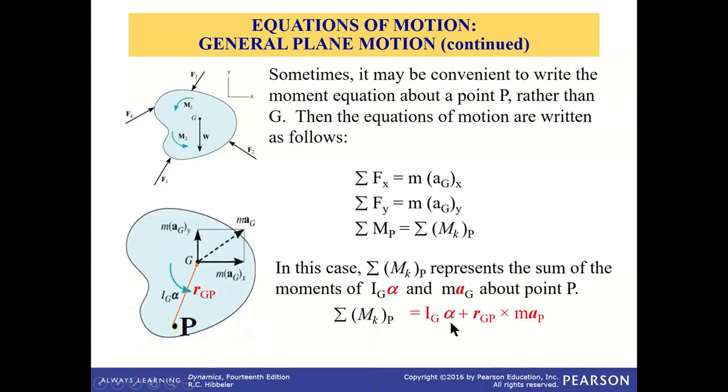So that equation is Ig alpha plus r GP cross m aG. Now m a is nothing but force, and r cross F is nothing but moment, and Ig alpha is also a moment. So you can see everything in this equation is a moment on the left side and the right side.